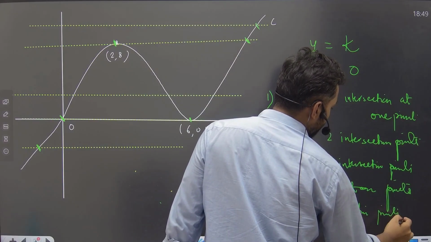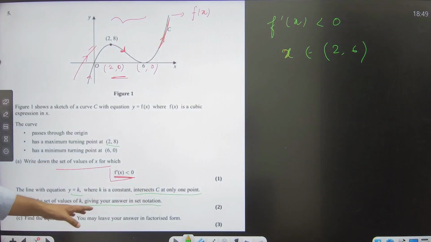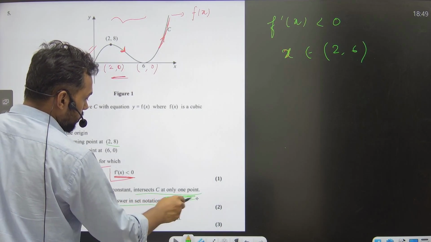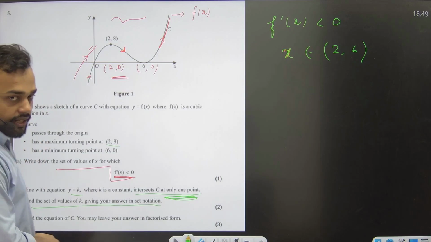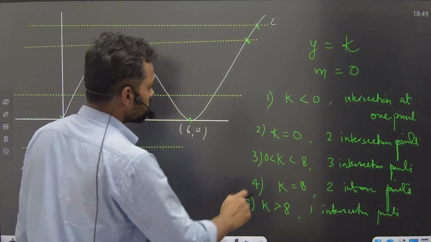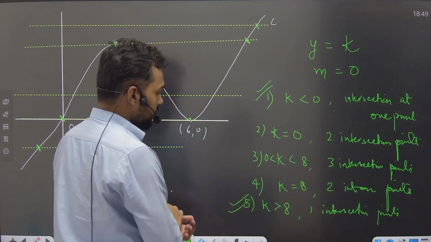Now according to the question, students, they have asked how the line with equation y equals k, where k is constant, intersects C at only one point. So they have asked only for the k, for the line y equals k, whenever it is intersecting C at only one point. So what will be the range, students? This particular part and this particular part will be the required answer.